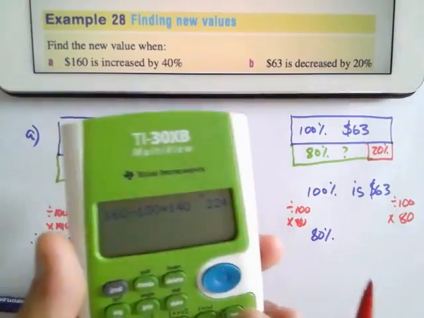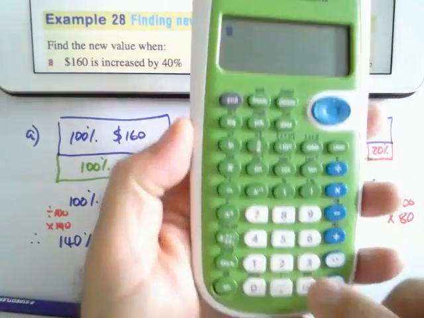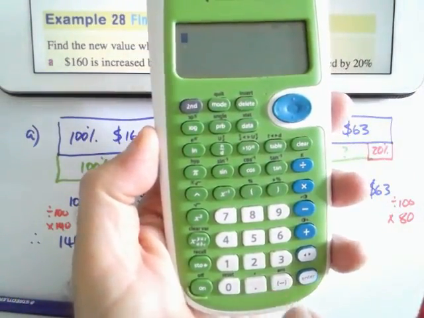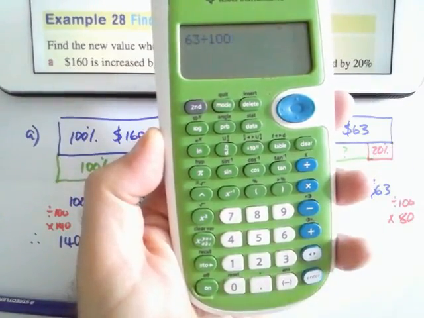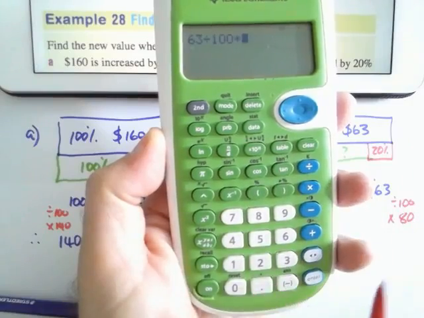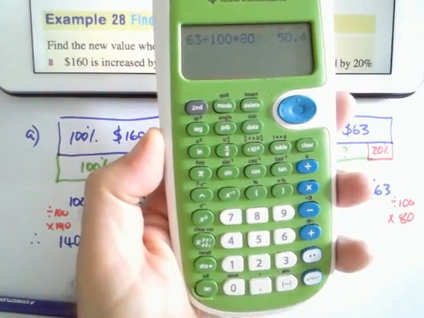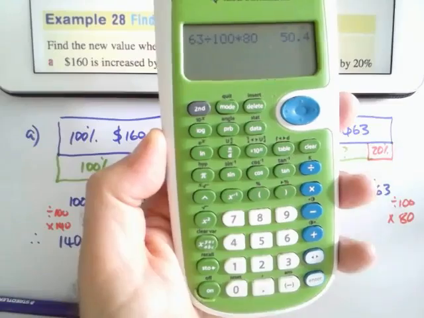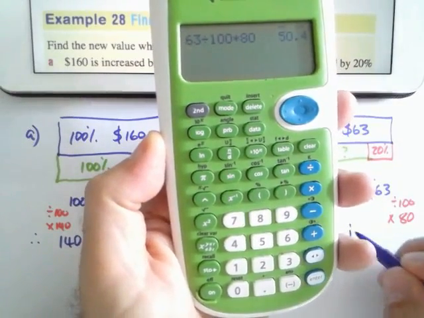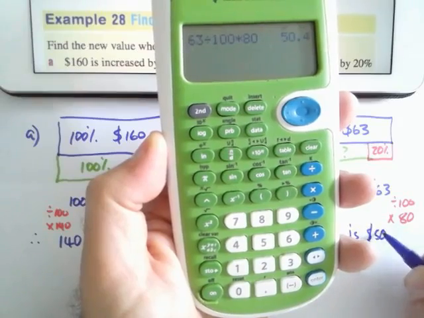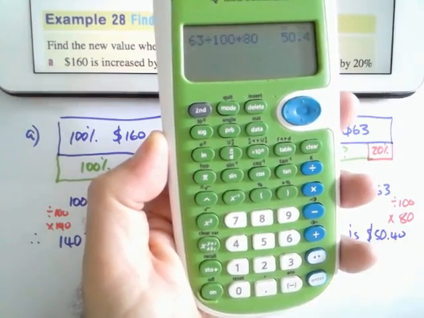On my calculator, I'm going to say 63 divided by 100 times 80, and my answer is $50.40.